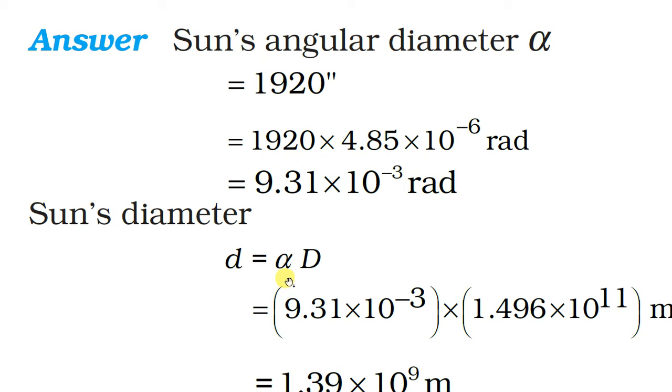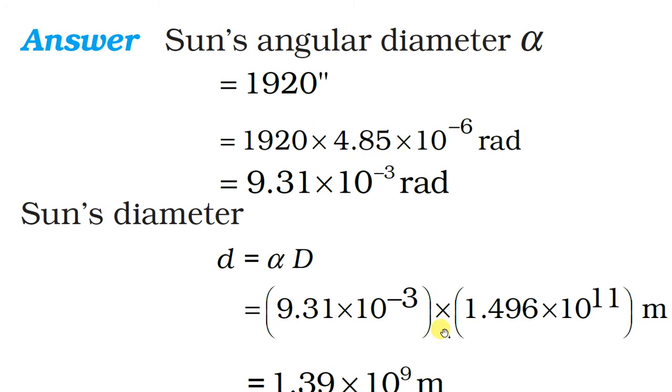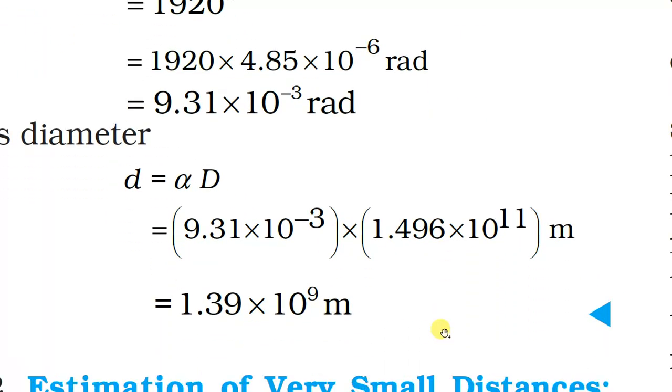D is equal to alpha times d. Alpha is 9.31 × 10^-3, and we already have d equal to 1.496 × 10^11 meters. Multiplying 9.31 by 1.496, we get 1.39 × 10^9 meters.